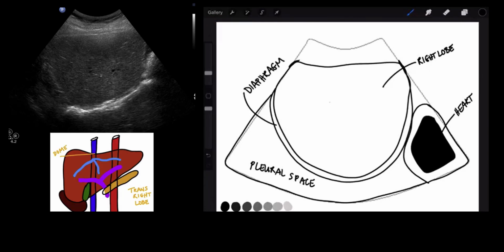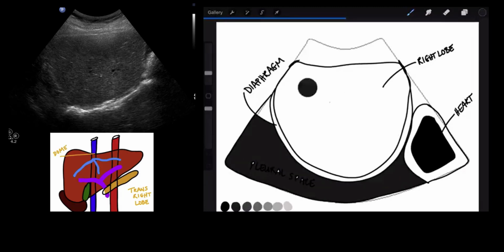Remember that this picture is actually very far away from where your transducer is in the subcostal region, so you want to make sure that you are increasing your gain as you angle up to help visualize this area.